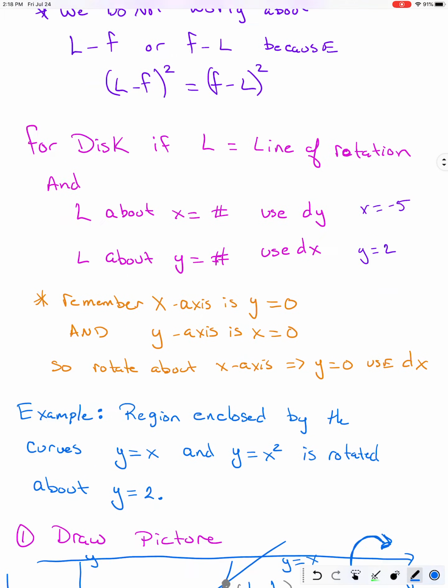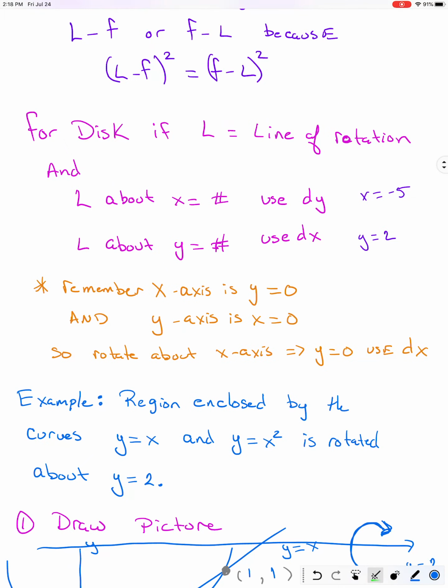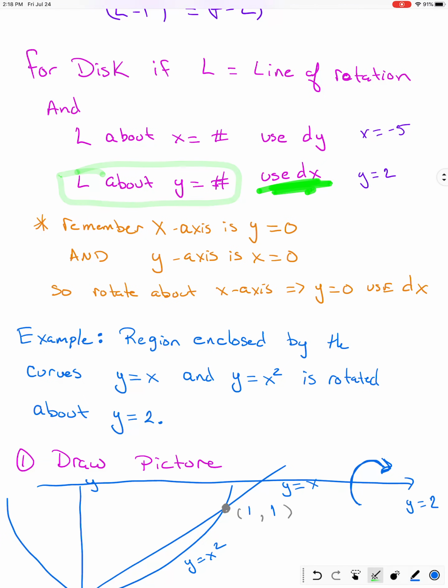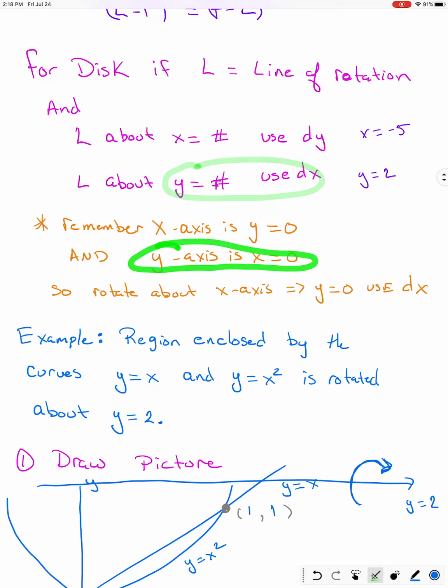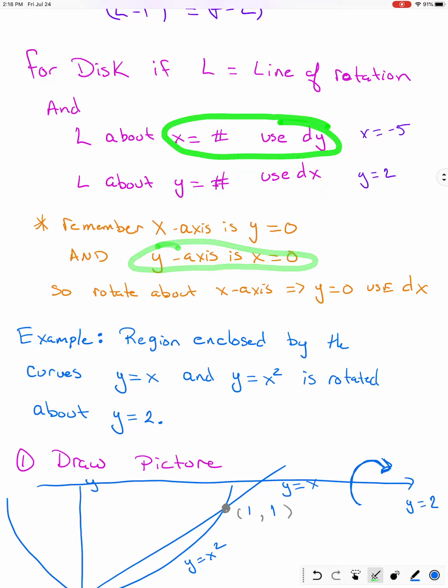And then also, I think the second biggest thing to take away from this is that if you have L about x equals a number, then we use dy. And if we have L about y equals a number, we use dx. And remember, the x-axis is really y equals 0, so then you would use dx. And the y-axis is really x equals 0, so then you would use dy.